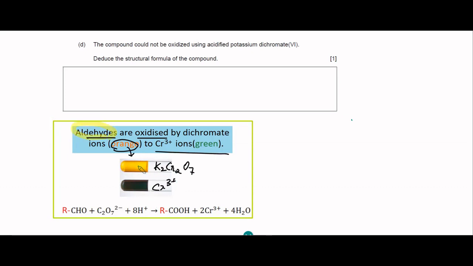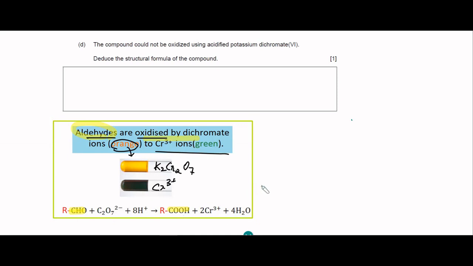It is only aldehydes that are oxidized by potassium dichromate, not ketones. So adding potassium dichromate to an aldehyde, the CHO portion will be converted to COOH, and that's the reason why the potassium dichromate is undergoing a color change.